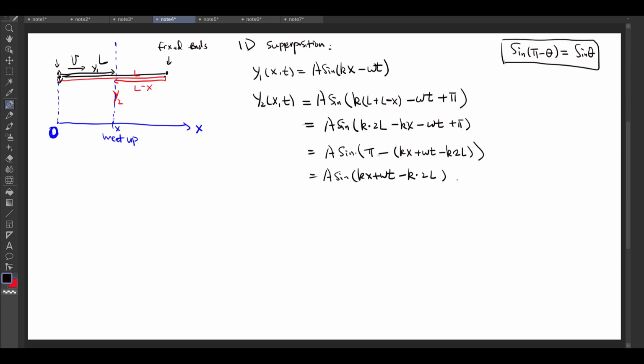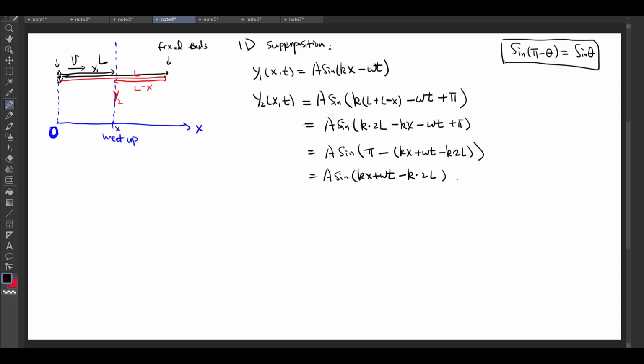Now the purpose here is to get the second wave to look exactly the same as the first one, except that the propagation is in the opposite direction.